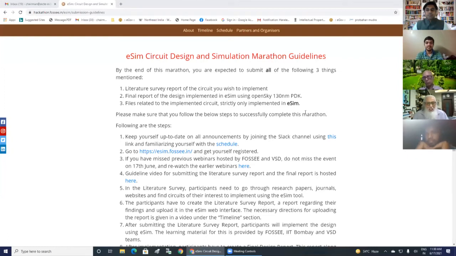I think, as pointed out in the beginning, in this circuit design and simulation marathon, the word is marathon. So marathon is a long distance running. यहाँ जो आ रहे हैं लंबे रेस के घोड़े चाहिए हमको, ये छोटे रेस के नहीं चलेंगे. So although the program itself is of 2 weeks duration, we want all the students who are associated to continue to create such circuit designs.